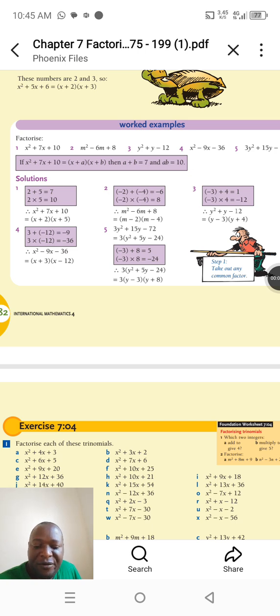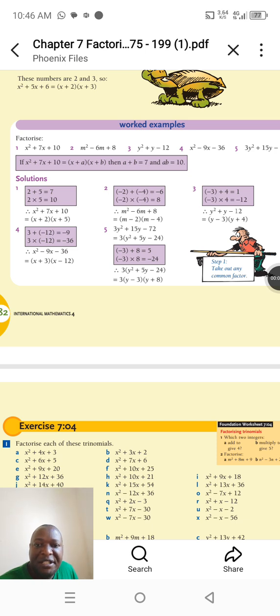Like for question number 1, the coefficient of x squared is 1, and that coefficient 1 is multiplied by the constant 10. So the product of two numbers that gives us 10, and the sum is the coefficient of x, which is 7. So we ask ourselves, which two numbers, when multiplied, give 10, and when added they give a 7.